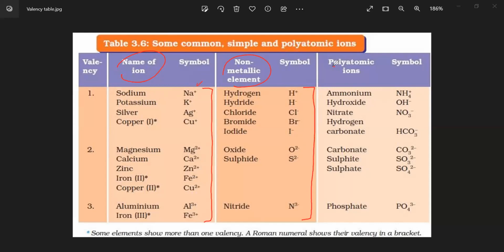Other than that, there are polyatomic ions as well. This is the valency chart where you will be able to remember these valencies. Of course, it will not be given in the exam. This is something which will come with practice and we need to remember.